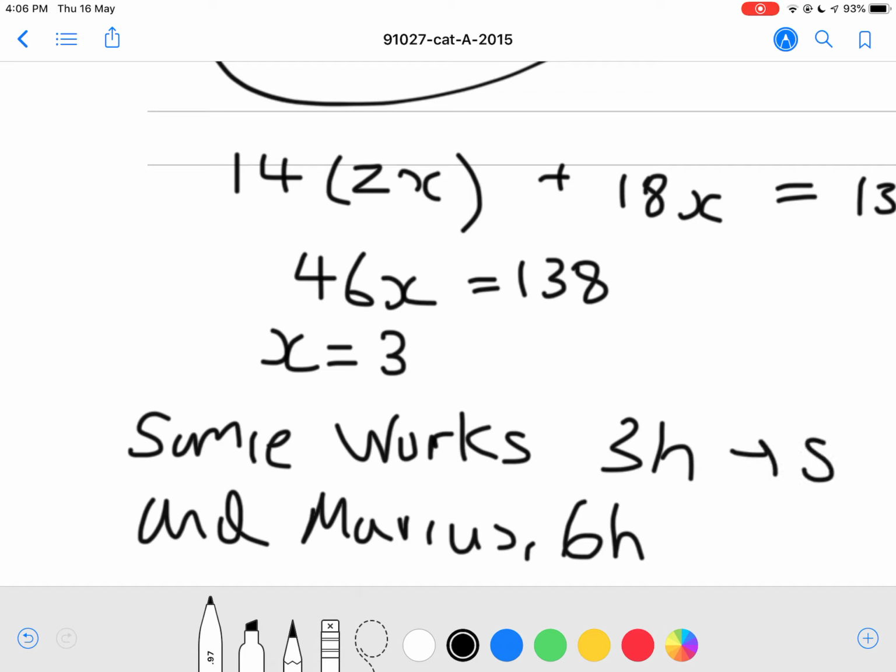He would earn $54 because Sammy earns $18 an hour, and Marius would earn 138 minus 54. That would mean he would earn $84.